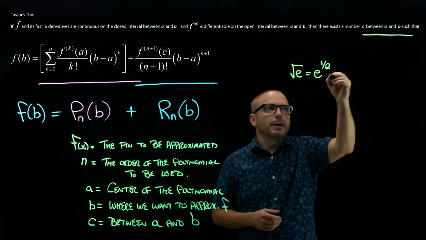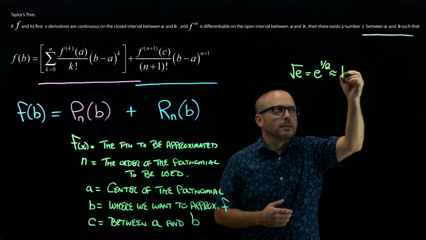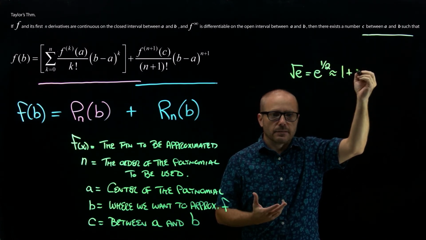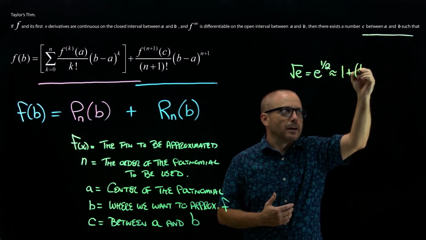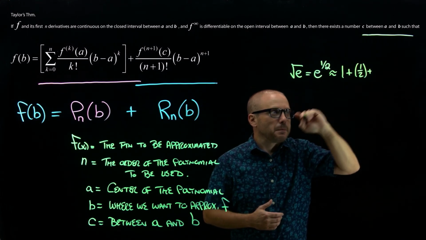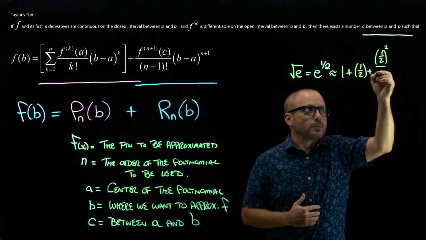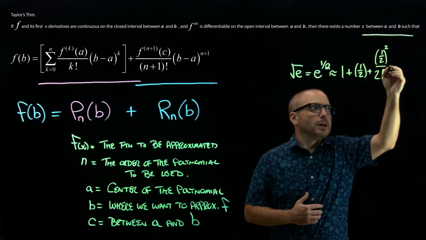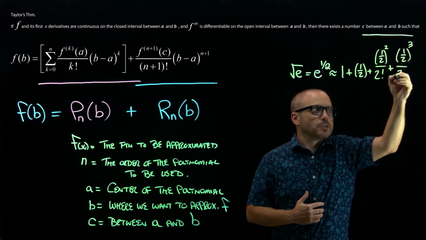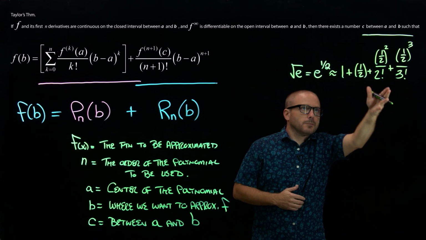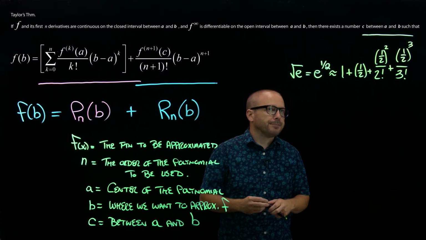Say we were going to approximate it using the third order, whatever I can fit on the board here. 1 plus x, right? The series for e to the x goes 1 plus x, which is 1/2 in this case, plus x squared over 2 factorial, plus x cubed over 3 factorial. So let's just say we stop there. We could compute that. It's just multiplication and division and addition, right?